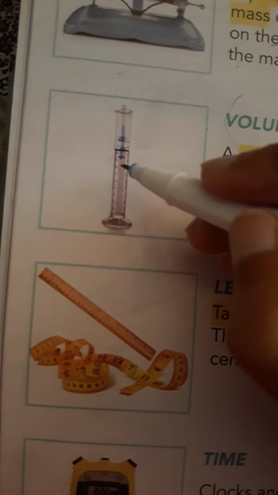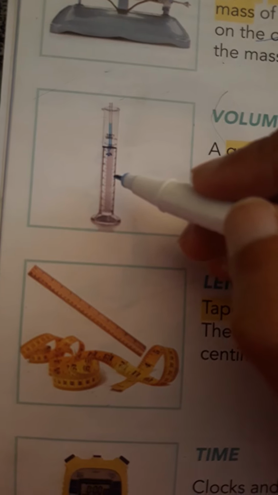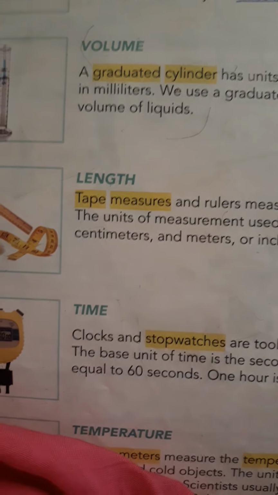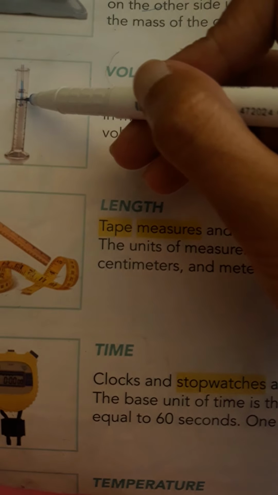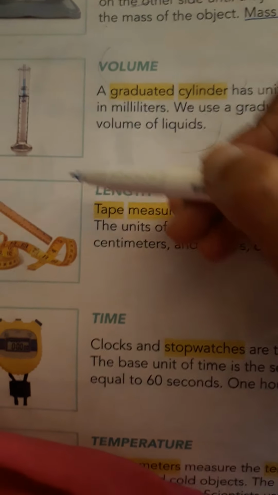These little markings are in units of millilitres. Okay, these markings help us to measure the volume of liquid. A graduated cylinder is used to measure the volume of liquid. How much liquid has been put into this tube? It is measured by this tube called a graduated cylinder.